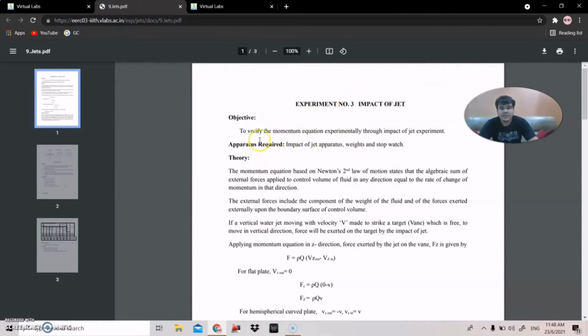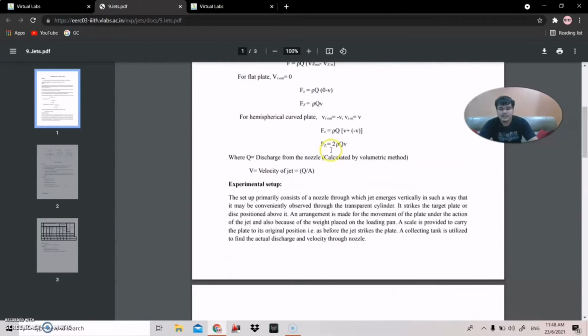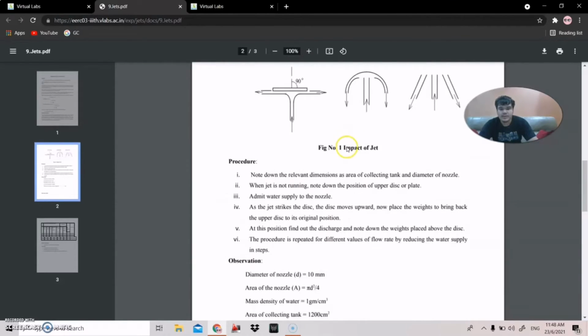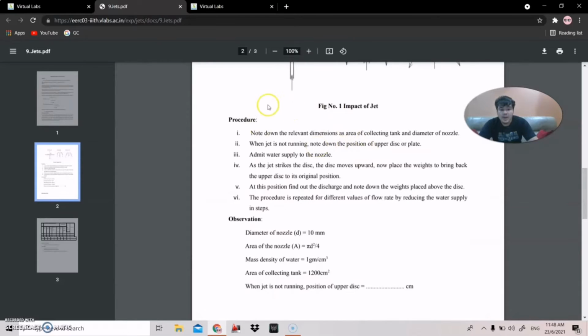Objective: to verify the momentum equation experimentally through the impact of jet experiment. Apparatus required: impact of jet apparatus, weight and stopwatch. Procedure. Number 1, note down the relevant dimensions such as the area of the collecting tank and the diameter of the nozzle.